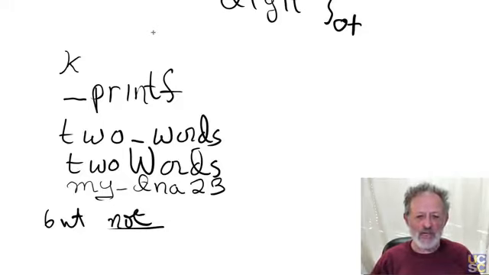Another convention is to tie the 2 words together with a capital. So capitalize the W, the beginning of the second word, and that would also be another standard convention. What you shouldn't be doing is mixing them. And then here's another standard identifier, my underscore DNA 23. And remember, once we're past the first character, we can use digits as well.